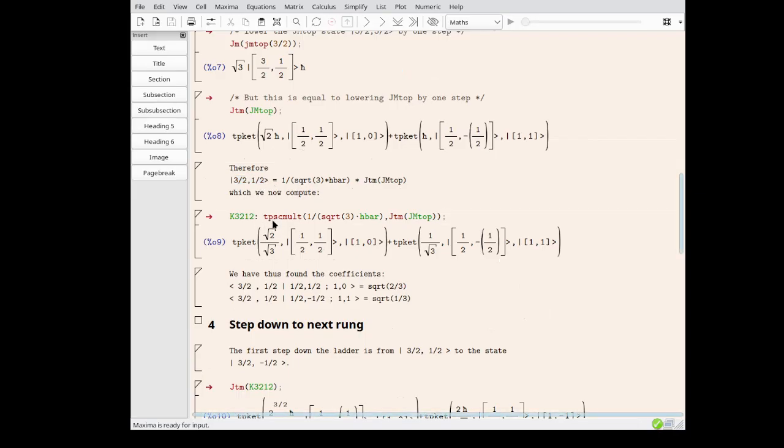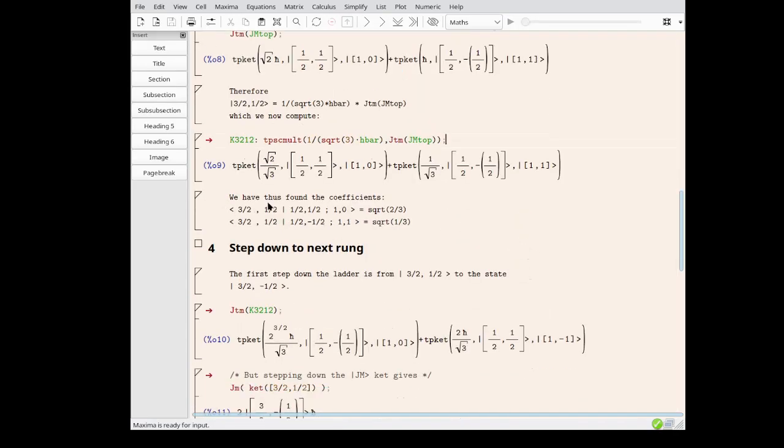So what we've done in this step is use the function tensor product scalar multiplication. We're multiplying the tensor product by this scalar, and this is the ket that we're multiplying it by. That gives us this ket, and there are two pieces to it: this piece and the second tensor product piece.